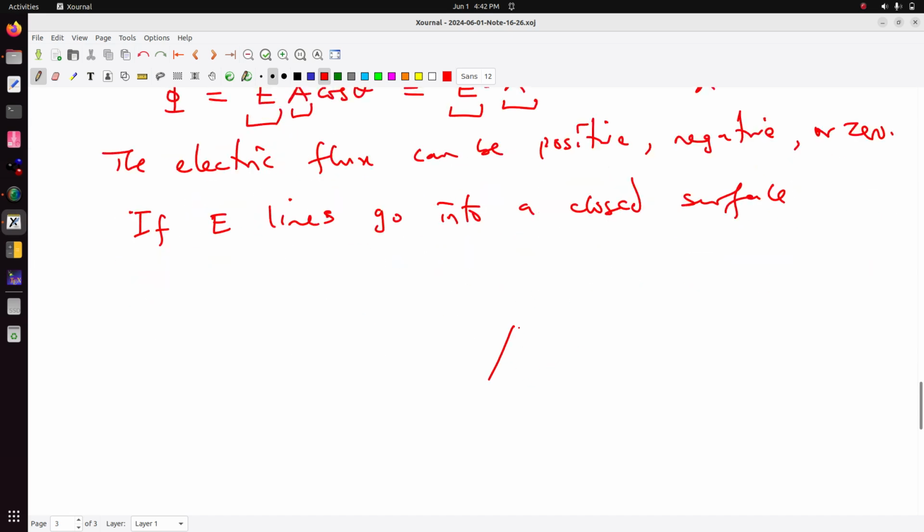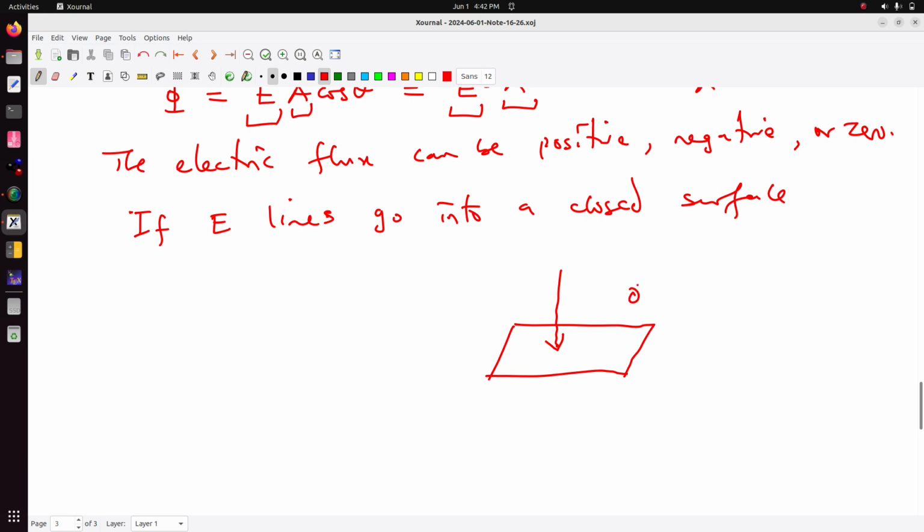So let's say we have this surface, and the electric field vector goes, let's just take one line, there are many lines actually, but let's just use a line. So if the line goes into the closed surface, then the flux is going to be negative, and we'll see shortly the reason why it is negative.